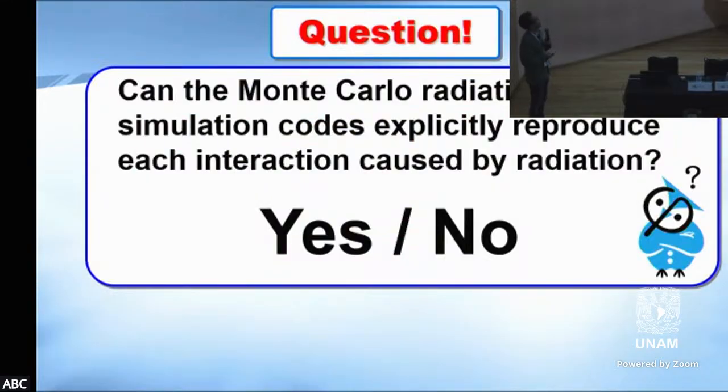Then I want to ask one question to the audience. As I said before, Monte Carlo radiation transport simulation code can reproduce the motion of each radiation in the computer. So can it explicitly reproduce each interaction caused by radiation? Yes or no?